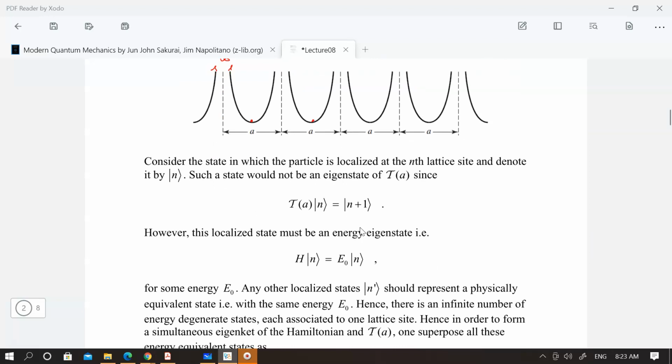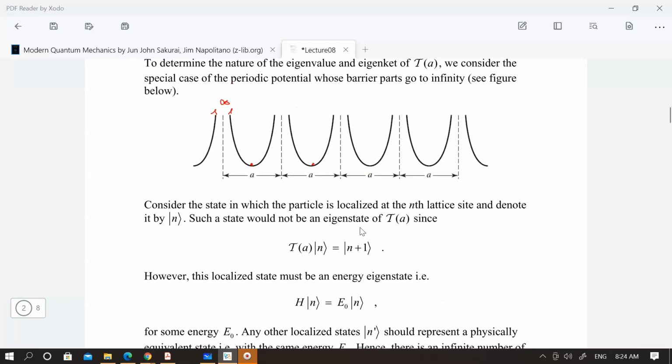Now, remember that earlier we mentioned that your energy eigenstate commutes with the translation operator, so one should be able to form simultaneous eigenkets for the energy as well as the translation. But you can see here that your localized state, the ket n for example, is not an eigenket of the translation operator.